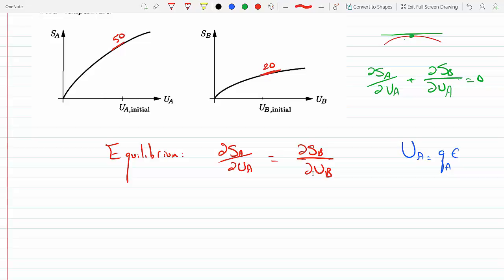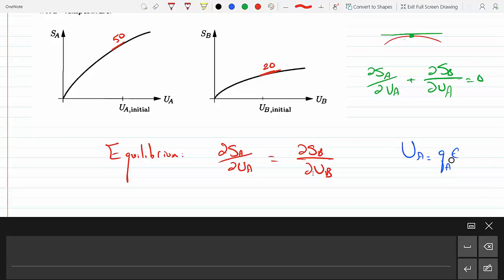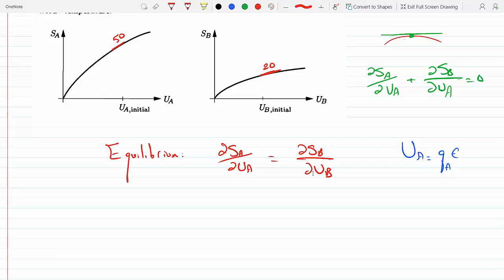Okay, so a steep slope must always be associated with, although the question says not to mention temperature, a low temperature, while a shallow slope must always correspond to a high temperature. So in order for this equilibrium condition to be met, we need A to have a smaller slope and we need B to get a larger slope.